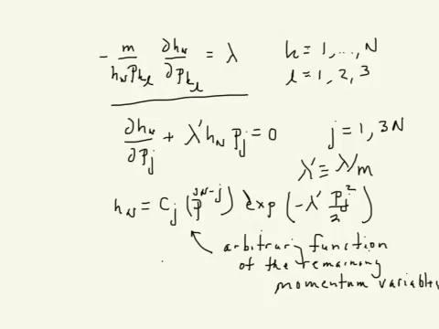And again, note that J is going to run from 1 to 3n.